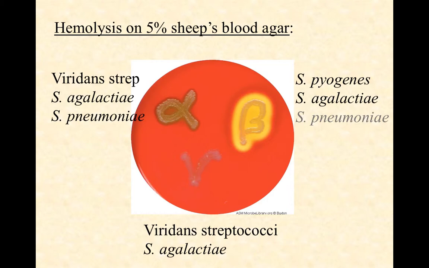Those Greek letters are how we classify them. I don't expect you to memorize which are alpha, which are beta, which are gamma, but I want you to understand that there are different ways that hemolysins can express themselves on a blood agar plate. You see, for example, alpha hemolysis has kind of a greenish twinge to it, whereas beta hemolysis goes completely clear and you just have the color of the LB agar shining through.